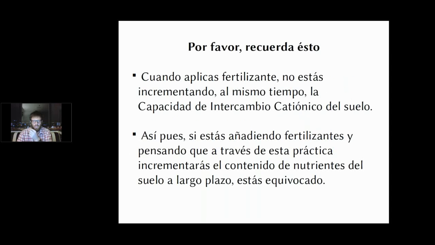When you apply fertilizer, you don't at the same time increase the nutrient holding capacity of the soil. Fertilizer is fertilizer, soil is soil, and the nutrient holding capacity of the soil doesn't change when you add fertilizer. So if you're adding a whole bunch of fertilizer over time, thinking that you're going to make some long-term changes in the quantity of nutrients in the soil, sure, you get some small changes, but to make big changes in the soil by applying fertilizer, that's just not the way that it works.